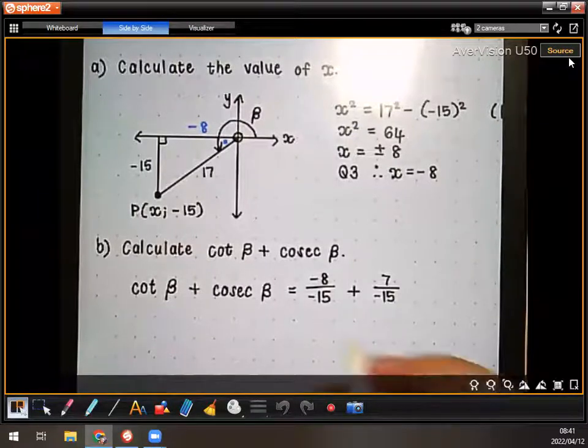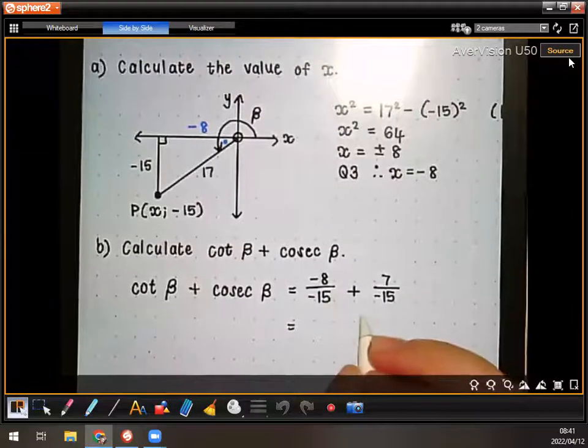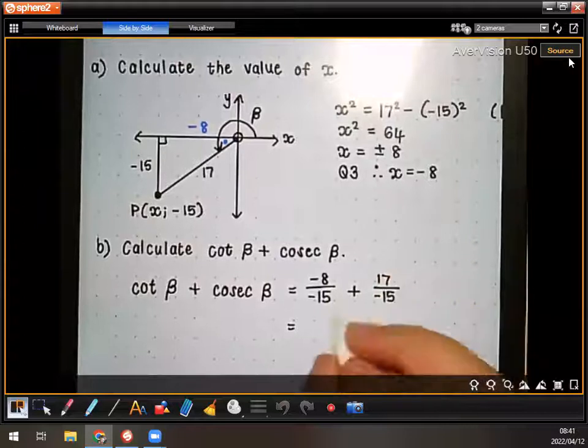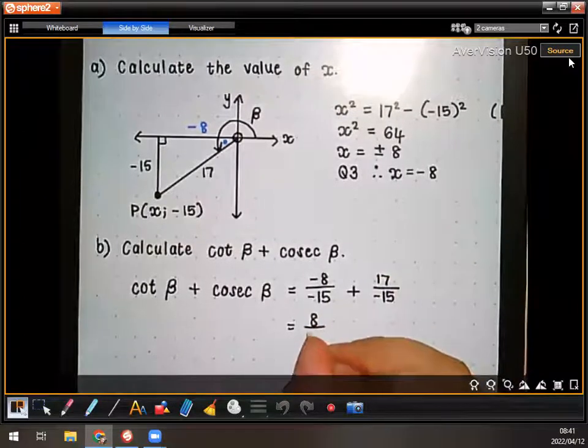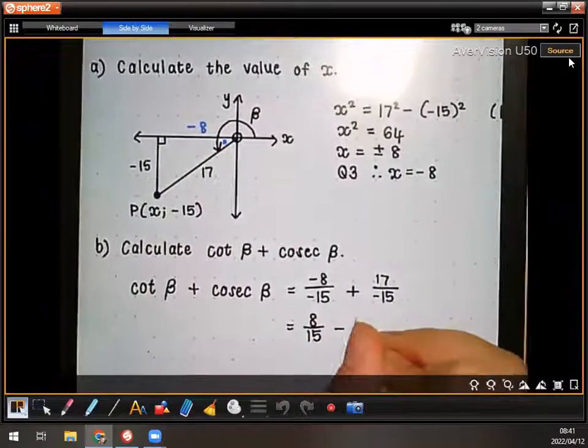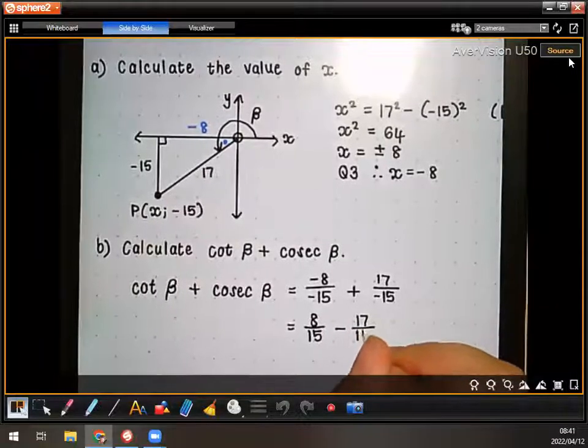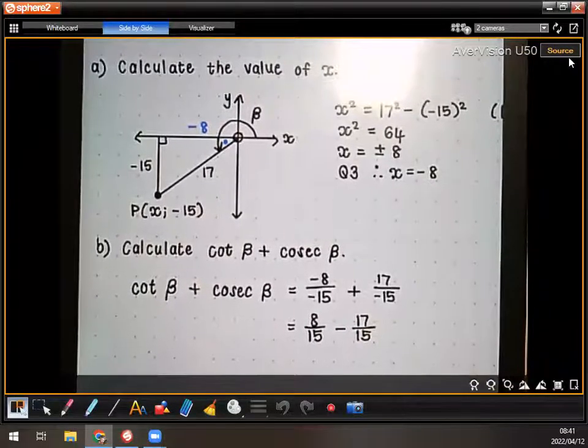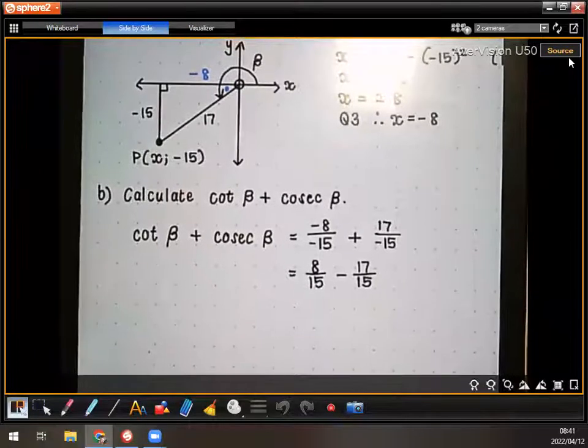Right, guys, let's just quickly simplify this and then add them together. Do we agree that this is 8 over negative 15, plus 17 over negative 15? Are we fine with that? And guys, they have the same denominators, right? That's quite nice, so I can just do that from the start.